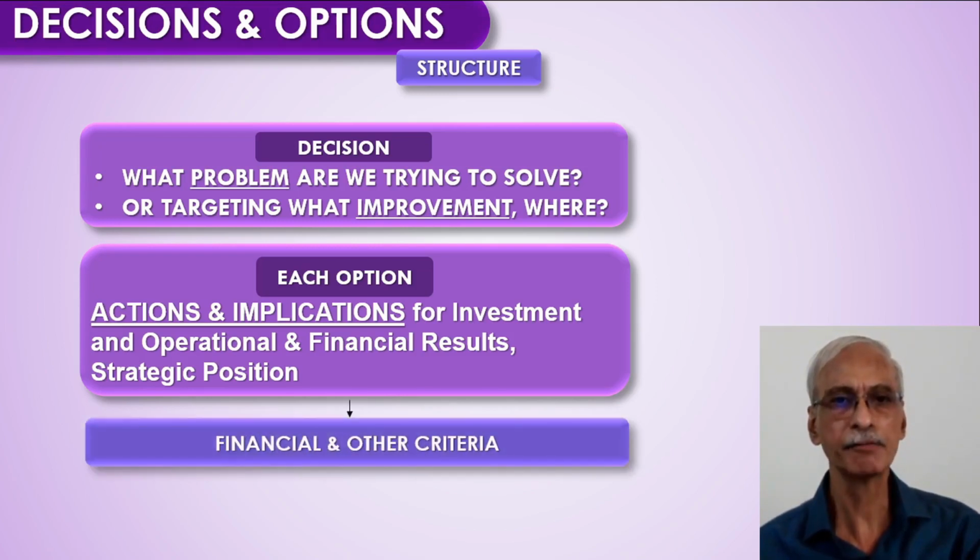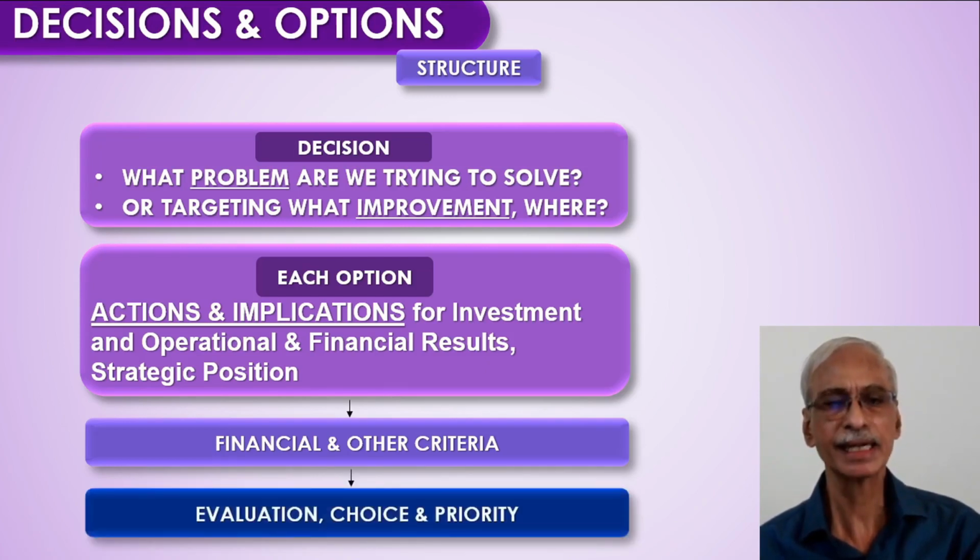Once we do that, we set up certain criteria. One set of criteria is the financial criteria, which is one of the most important things, whether the decision option is worth financially. And there are other criteria, non-financial criteria, mainly strategic criteria, market criteria, etc.